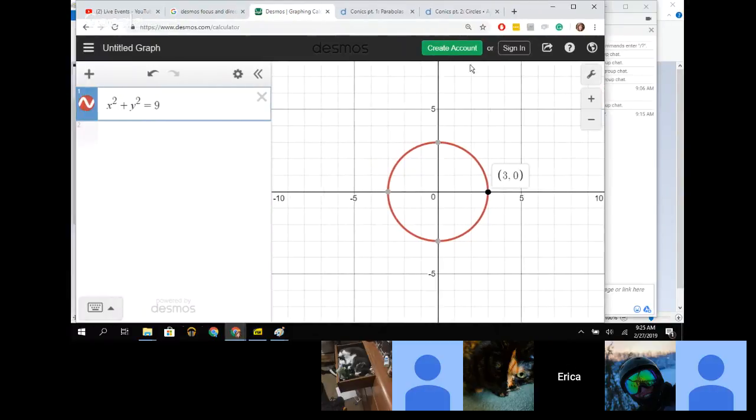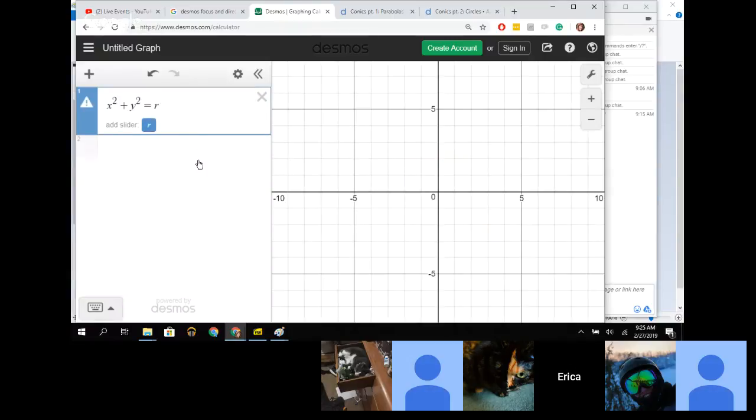Okay. The cool thing is that if you want to draw any circle that has a center at 0, 0, the general formula is x squared plus y squared equals the radius squared. Okay, so this is the general formula for any circle.